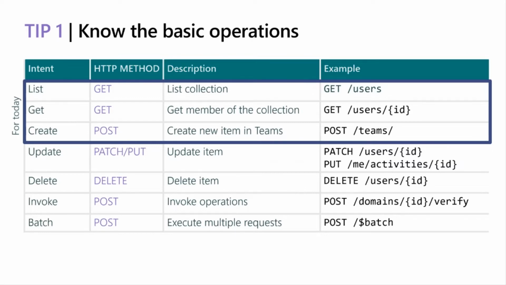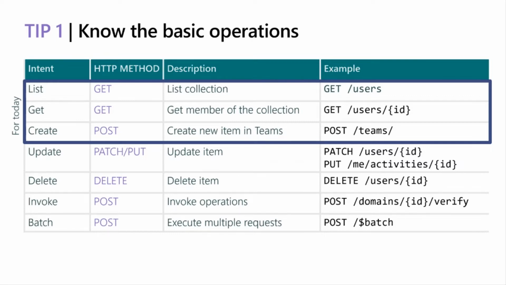If I want to create something, I'm sending an instruction to do something, or I'm posting an instruction, and that's why we use a POST method to create something like a new team. If we look at how that applies within the Microsoft Graph endpoint, you'll notice the example on the right-hand side. We get /users, or we get /users/ID, because it's an ID for, let's say, a user. Or we can post some information because we want to create a team, and therefore we post that to the Teams API.